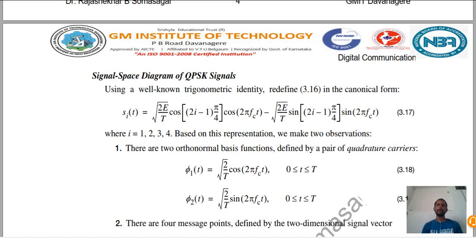Based on this representation, we make two observations. The first observation is that there are two orthonormal basis functions. In binary PSK we used only one orthonormal basis function, and here we are using two orthonormal basis functions, which are defined by a pair of quadrature carriers.